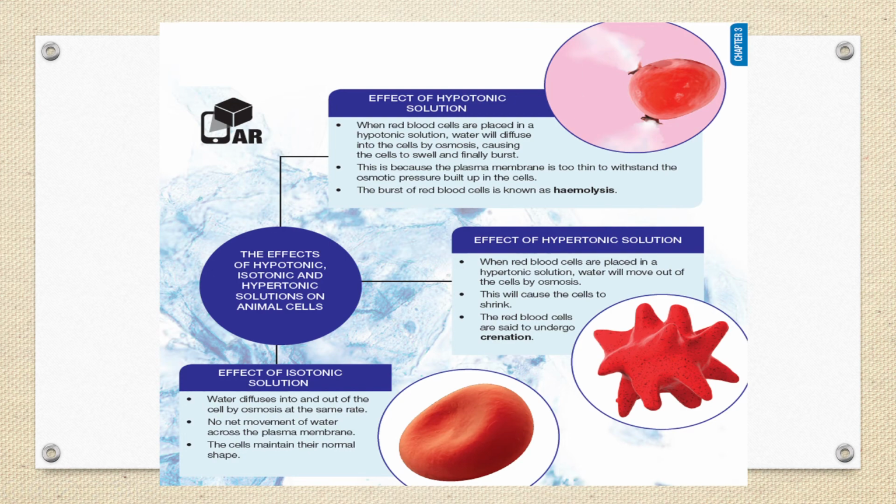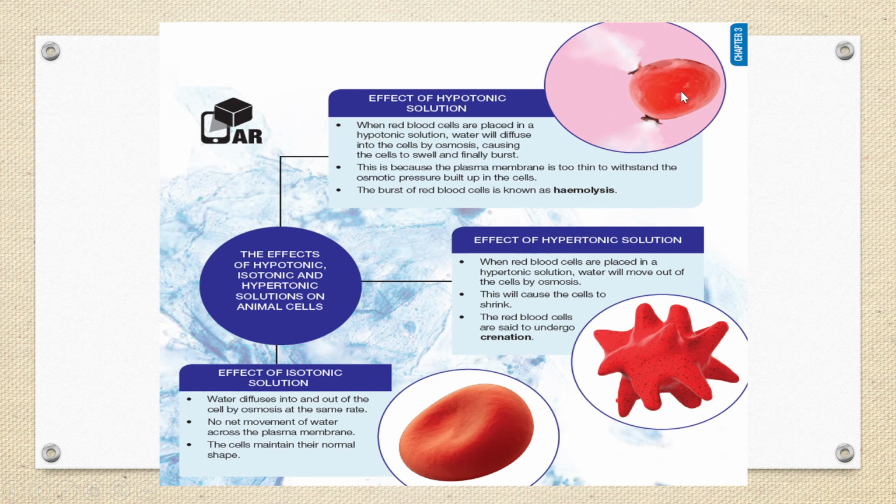Therefore, there will be net movement of water. Water will diffuse into the cell, because this compartment has got higher water potential. Into the cell, don't forget to put the words by osmosis. Eventually, this cell is going to swell and finally burst. Why burst? Because the plasma membrane is too thin to withstand the osmotic pressure built up in the cell, unlike plant cells, which have got the tough, turgid cell wall.